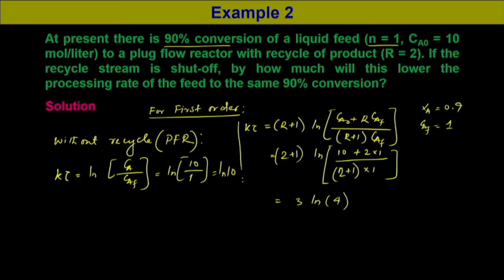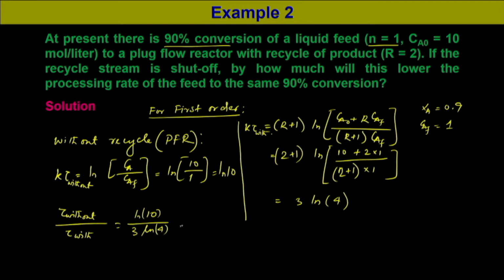So, if we take the ratio there of K tau, this is without and this is with recycle. So, if we take tau without by tau with, it would be ln 10 divided by 3 ln 4.